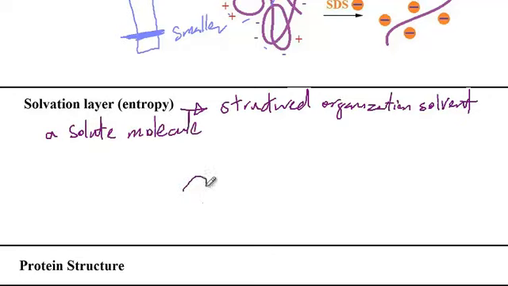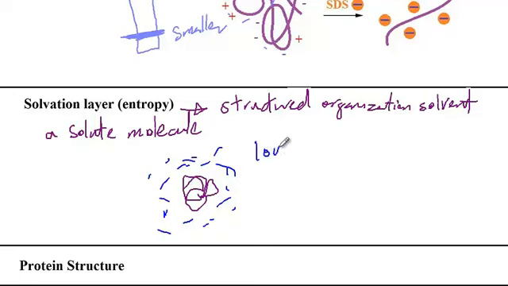So once we have a protein structure that is surrounded by many water molecules, if this protein has hydrophobic properties on its outside structure, then the surrounding molecules will have to form an organized structure to optimize the hydrogen bonding among molecules. And since this is an organized structure, there is a low entropy.